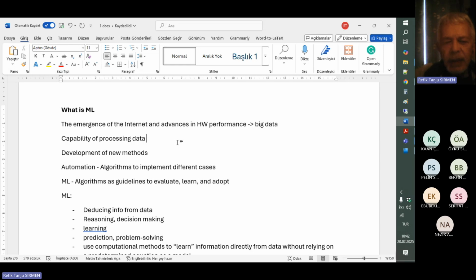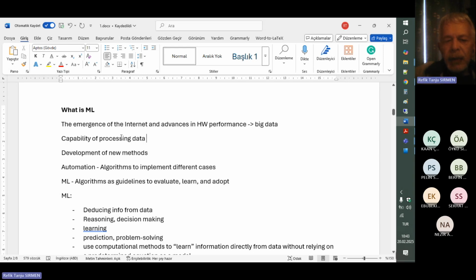That means that the emergence of the internet and also the increases in hardware performance opened the doors for artificial intelligence and especially machine learning technologies to evolve, right?